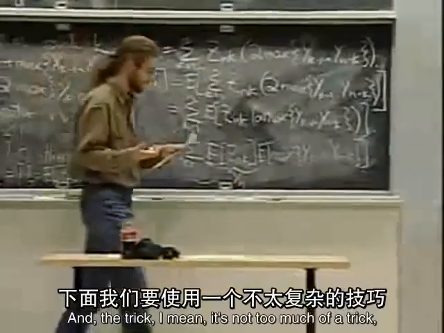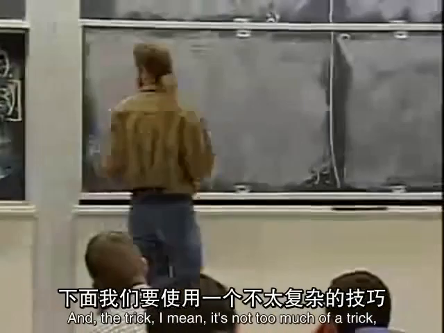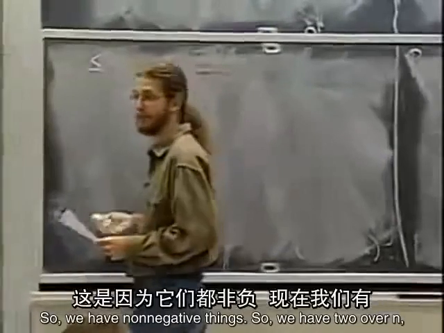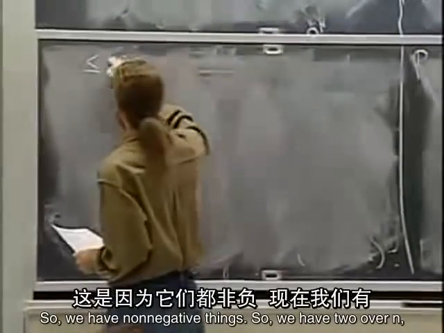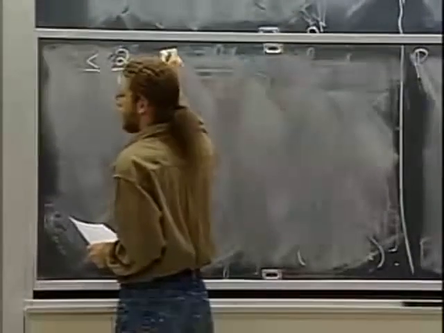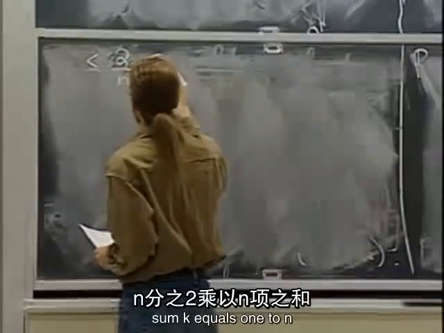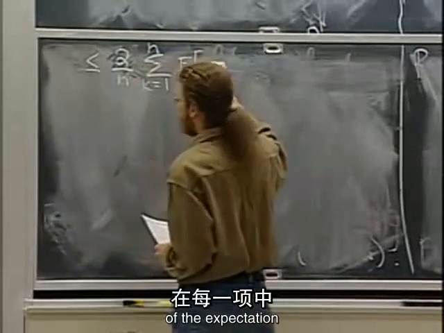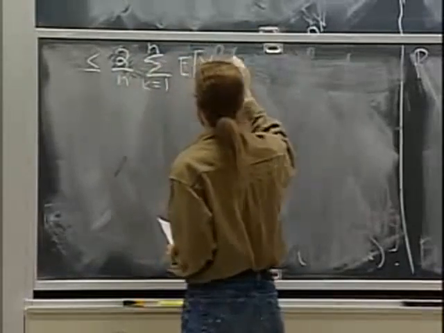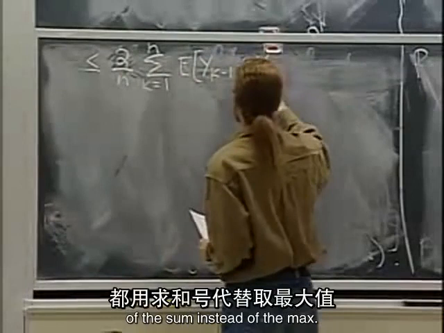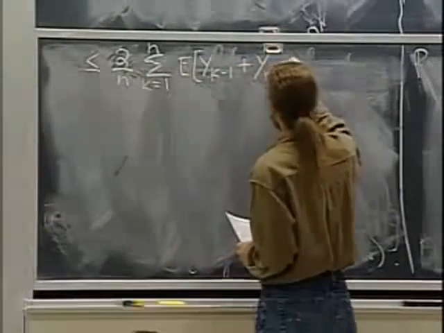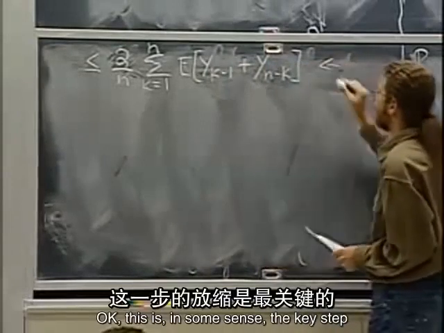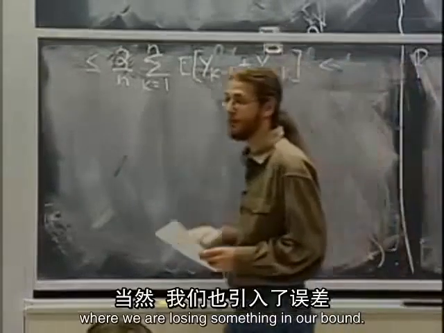The trick, and it's not too much of a trick, is that the max is at most the sum, since we have non-negative things. So we have 2 over n, sum k equals 1 to n, of the expectation of the sum instead of the max. This is in some sense the key step where we're losing something in our bound.